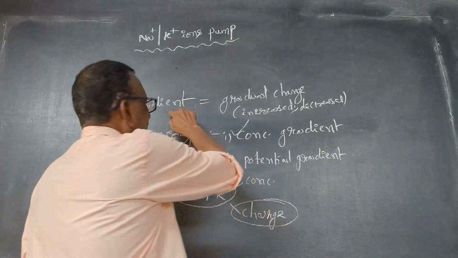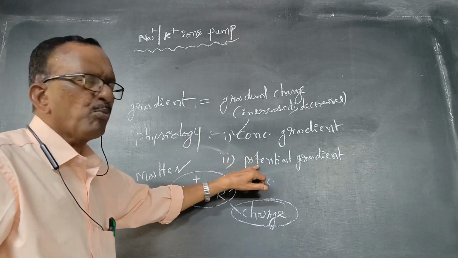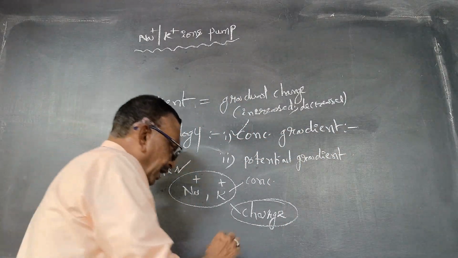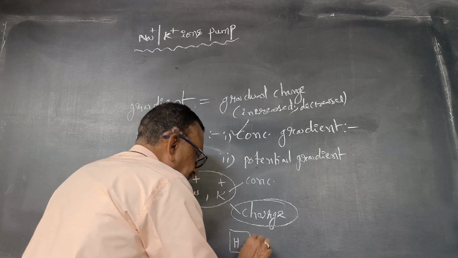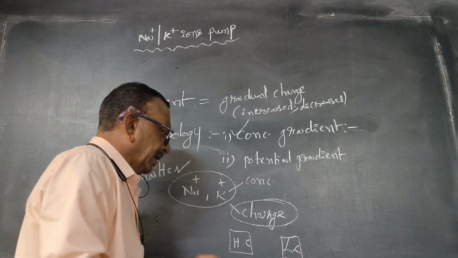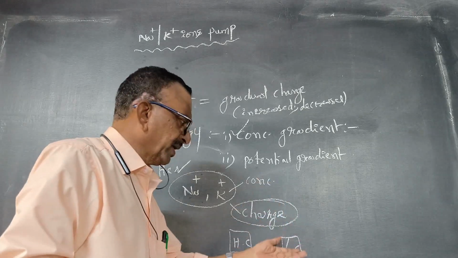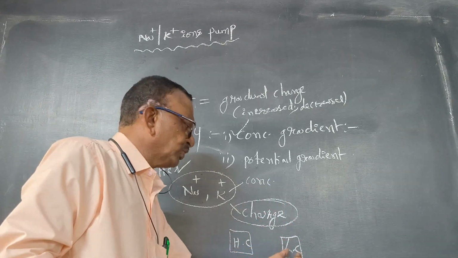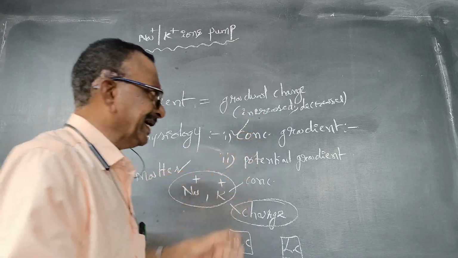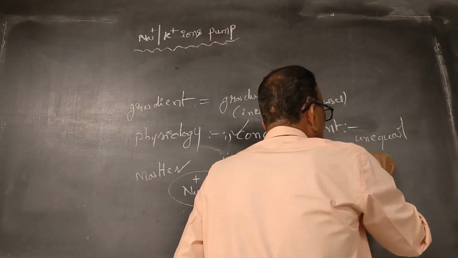So gradient is classified into two categories, a concentration gradient and a potential gradient. Why will this gradient arise? At one place it has high concentration, at another place low concentration. Similarly, at one place it has a high charge, and at another place it may have few ions, so the charge will be low. So the concentration gradient or potential gradient is mainly due to unequal distribution.